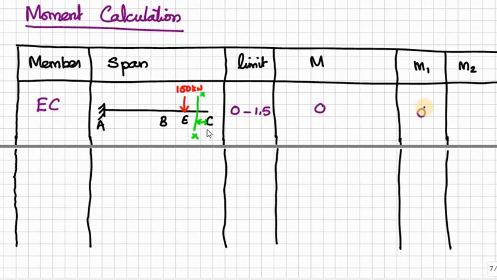Since this unit load is acting in the upward direction, it will develop a positive moment, that means plus 1 into x. x is the distance between C point and the section, and 1 is the unit load. Therefore, plus 1 into x is equal to plus x.